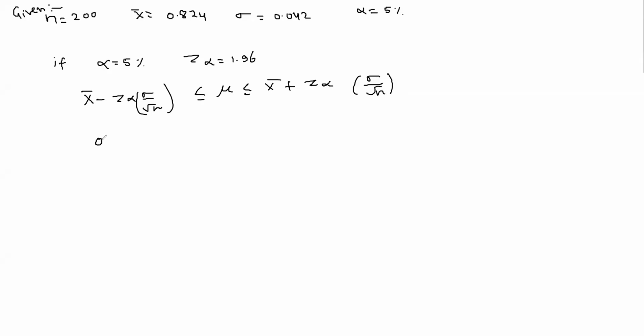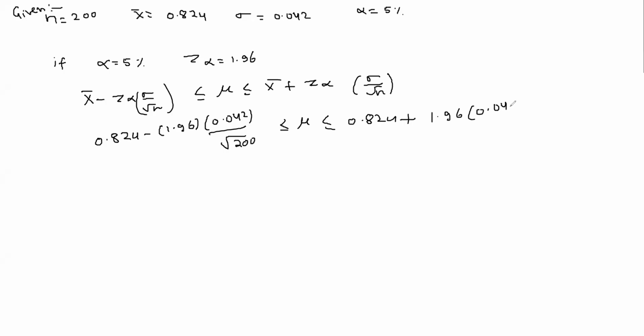X bar is 0.824, z alpha is 1.96, sigma is 0.042 upon root 200. Now we are calculating this.